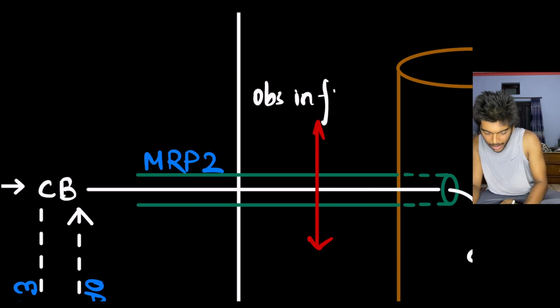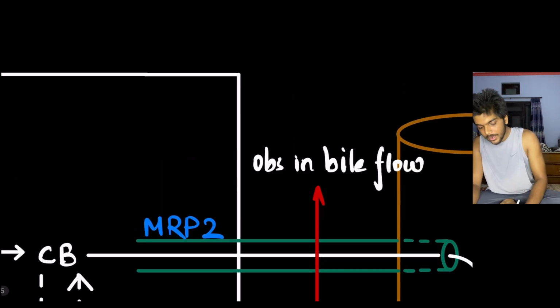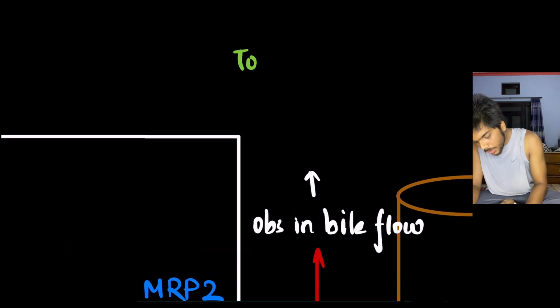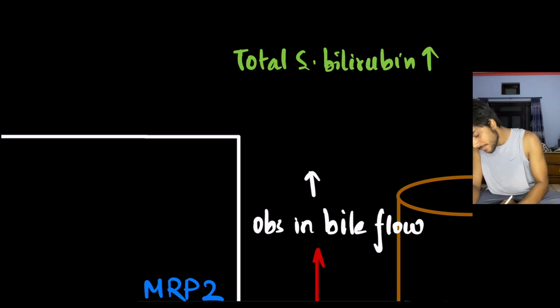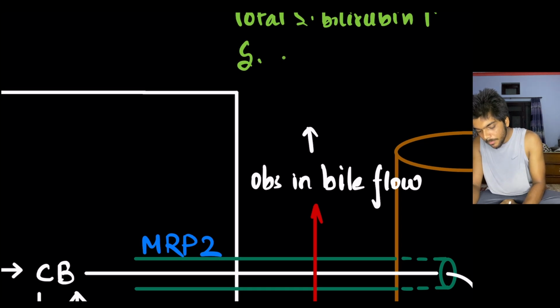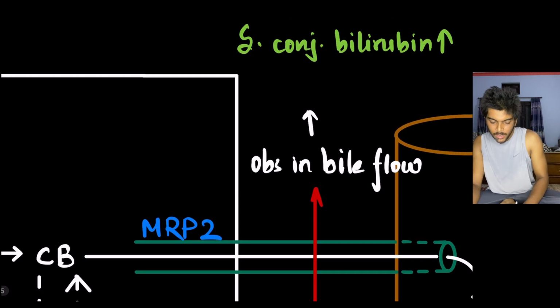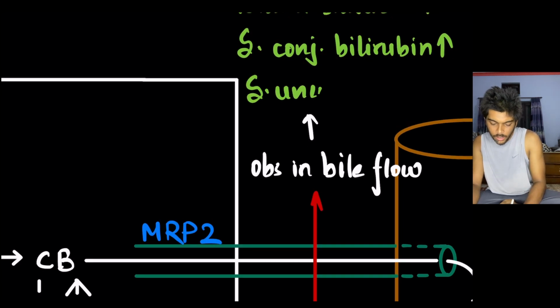Obstruction in bile flow is also referred to as cholestasis. It results in total serum bilirubin increases, serum conjugated bilirubin increases, but the serum unconjugated bilirubin is normal.